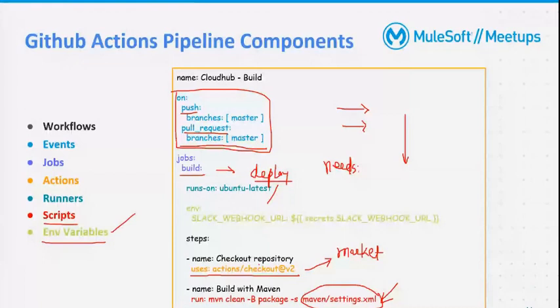Now, let's say you're deploying this code to production. Definitely, you're not going to deploy your code just like that. If you want to add reviewers and an approval process, you can do that here. You can add reviewers, and your workflow, or your runner, will wait until the reviewer approves or rejects it.